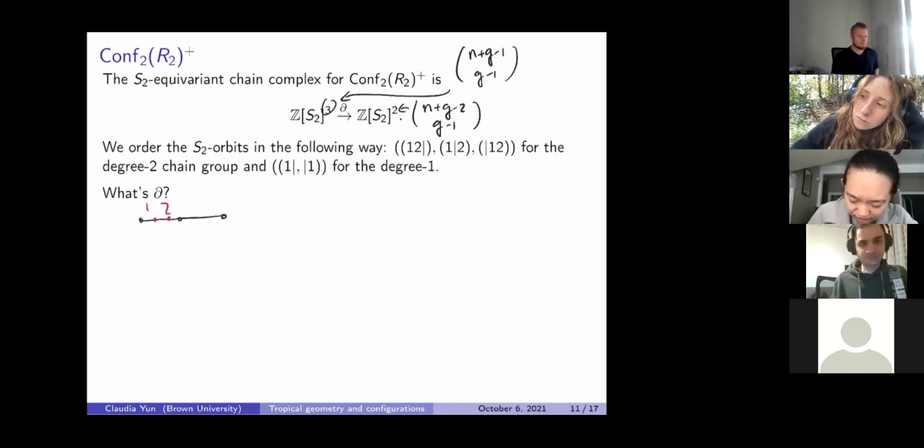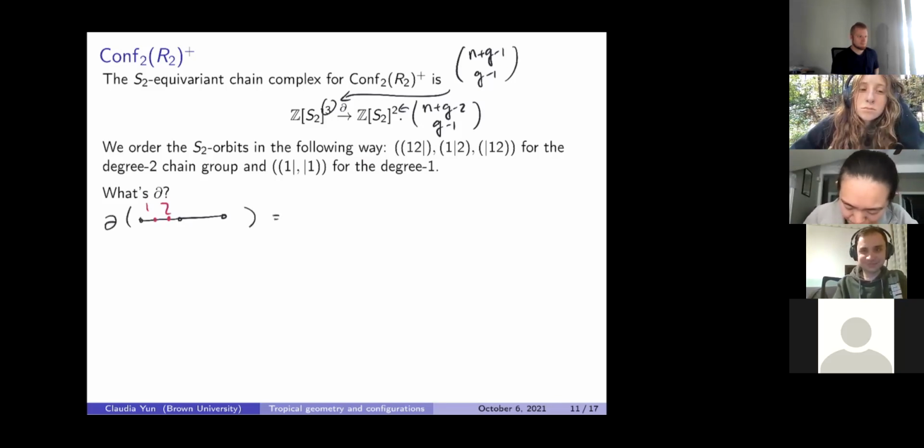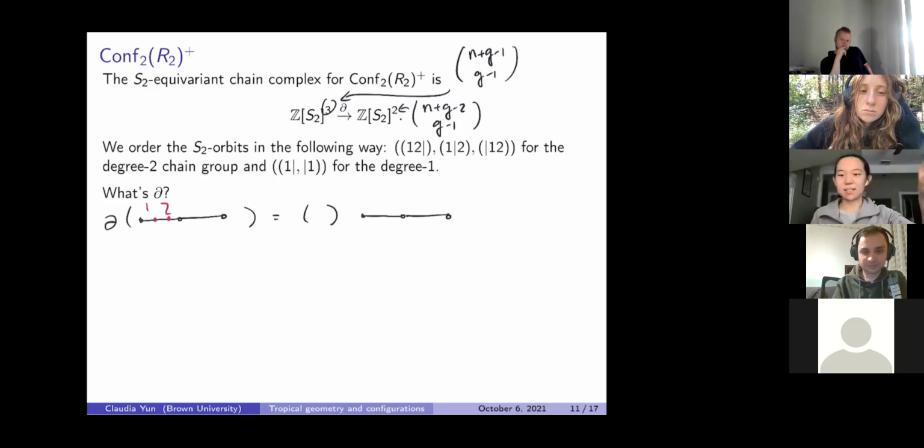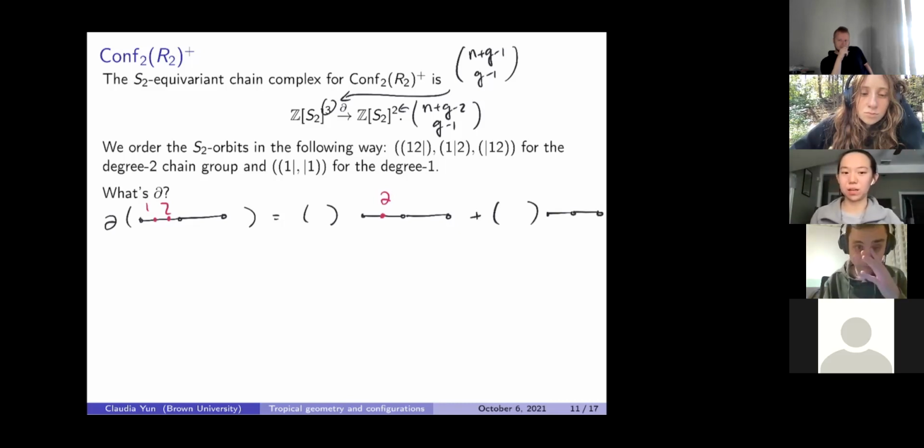It turns out delta of this is equal to, I'm going to leave the sign blank for now, removing 1 because 1 had slid down to the central vertex and left 2 here, plus some sign of, now if 1 and 2 collide, then that just goes to the degree 0 chain, and so we don't think about it.